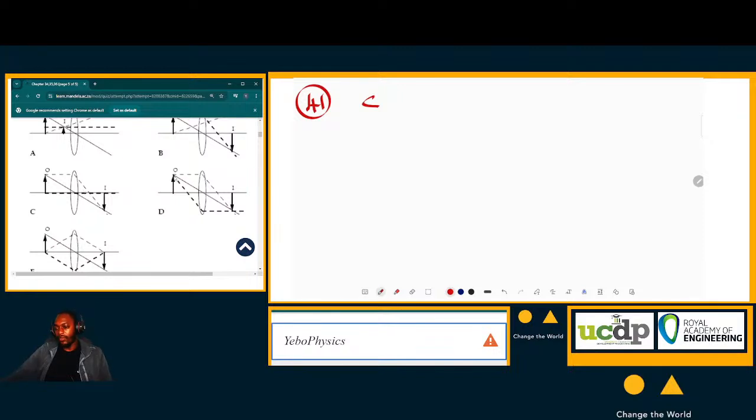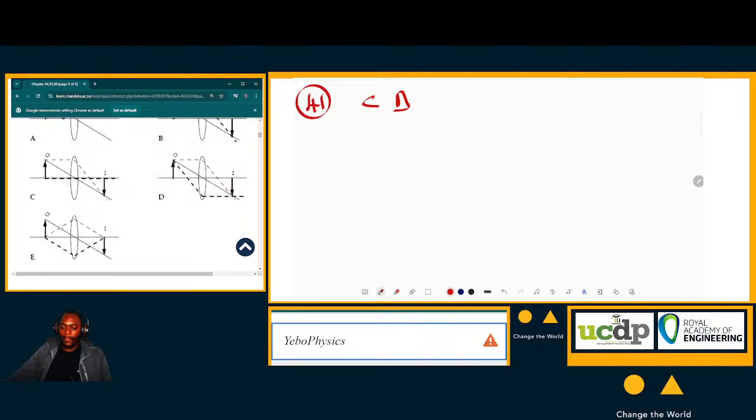Again, we have the same scenario, only that we have a ray that passes through the focal point before reaching the lens and will be refracted when it reaches the lens so that it moves parallel to the principal axis. So all the rays on D are correct.